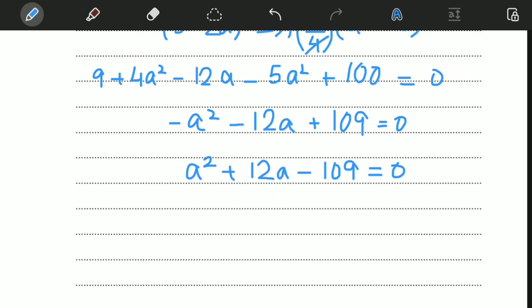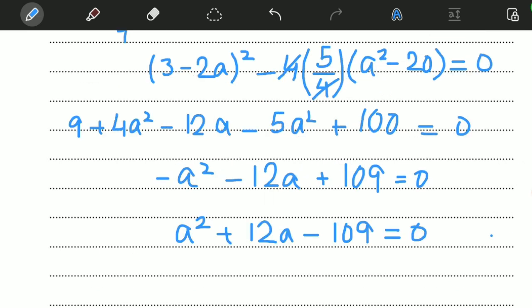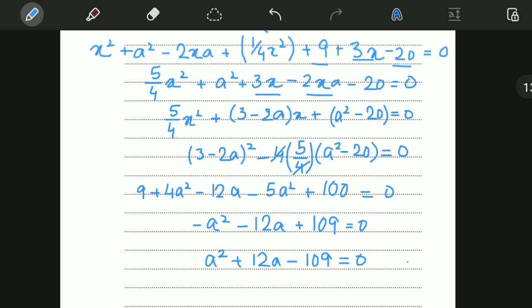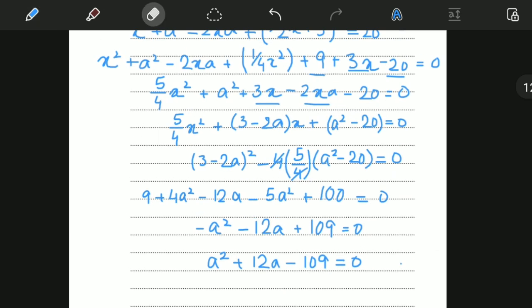So now we added a bit here, I guess, because it is not giving us any roots.